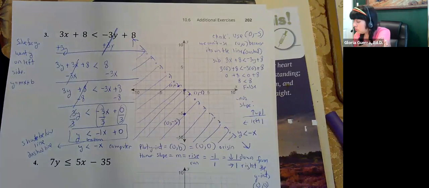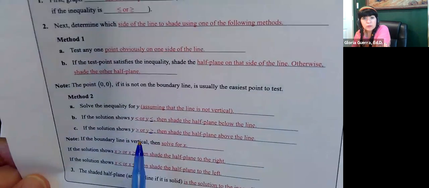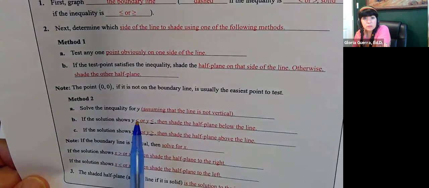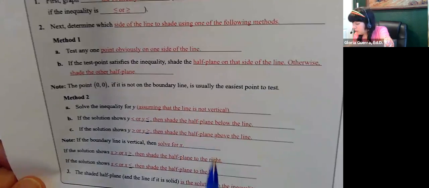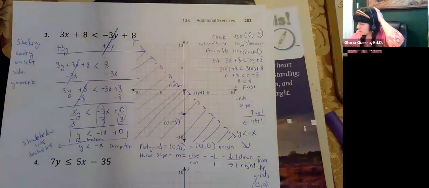So if it's less than, you shade below the line, right? So this says here, if y is less than, shade below the line. Okay, so I think this is correct on this side.